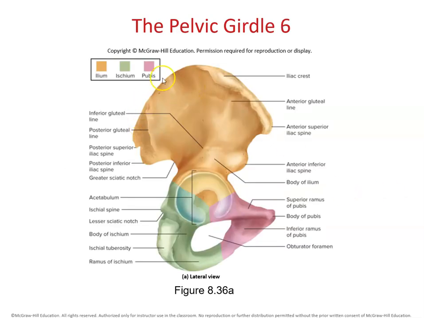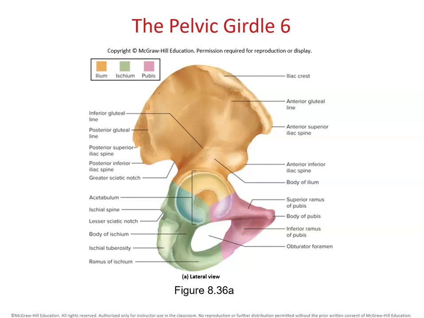So here is the iliac crest, and it is on the ilium. And then here, this socket area is the acetabulum, and it's actually made from the area where all three are fused, the ilium, the ischium, and the pubis. And then down here, we have this large opening, the obturator foramen.